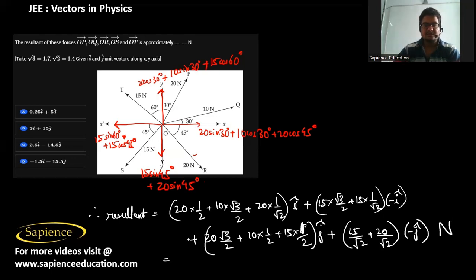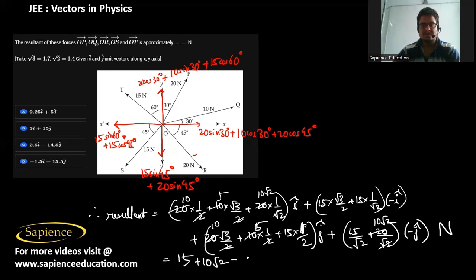So if we simplify it, then we will get 20, 2 tens are 20, 2 fives are 10, and this will be 10 root 2, and this will be 10 root 3, this will be 5, this 15 by 2, this will be 10 root 2. So this will be 10 plus 5, that is 15. 15 plus 10 root 2 minus 15 by 2 root 3 minus 15 by root 2.